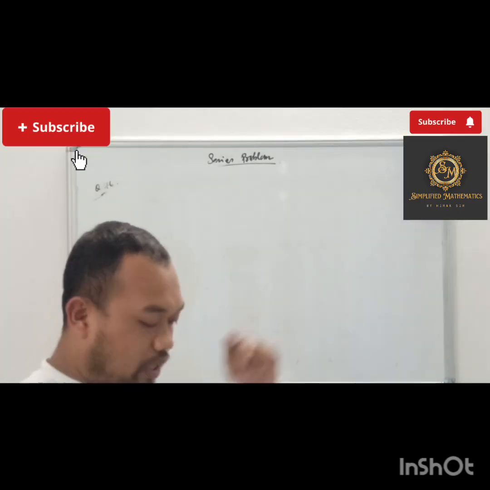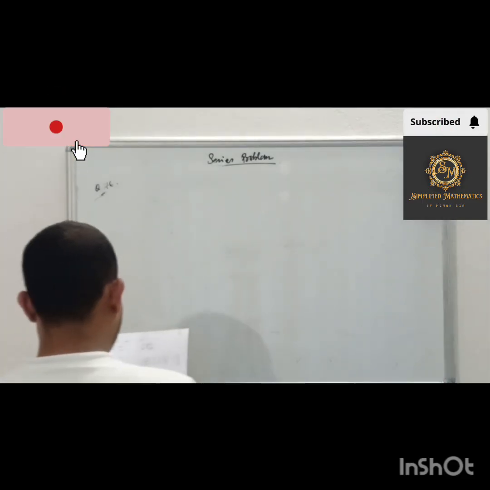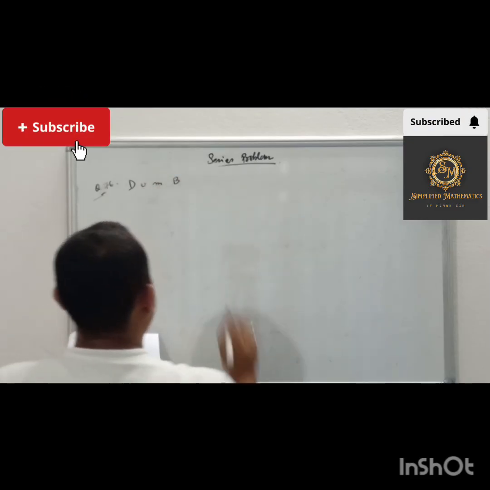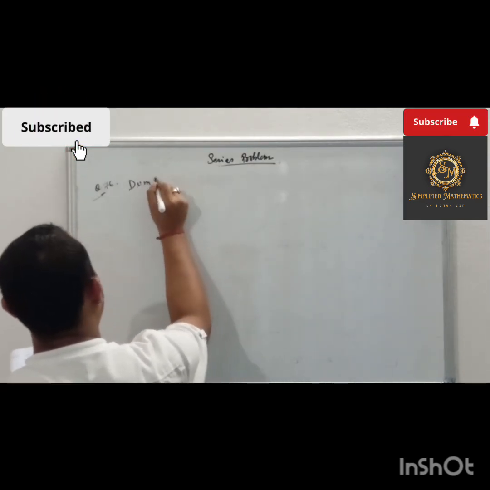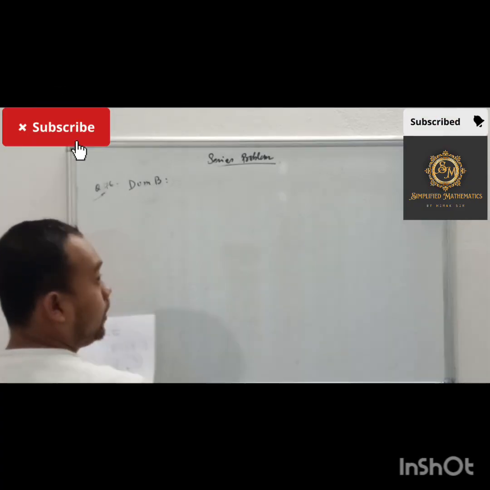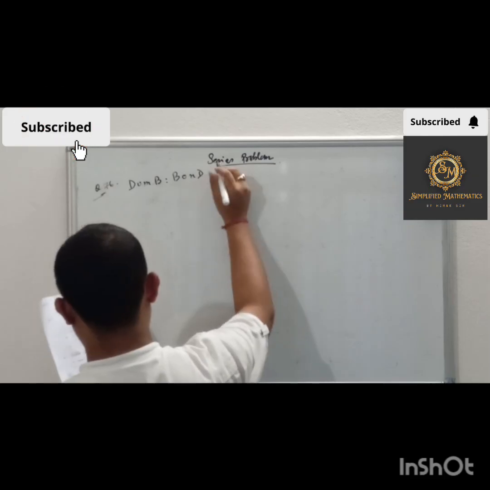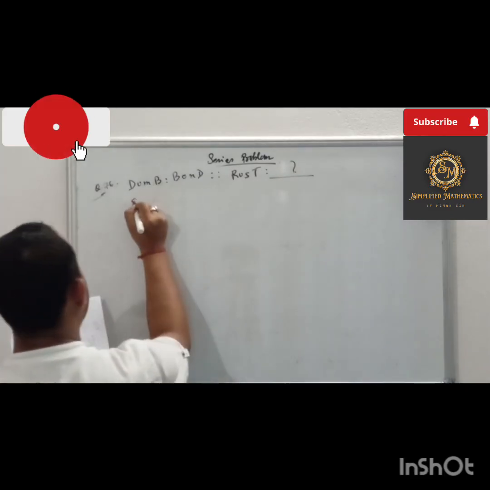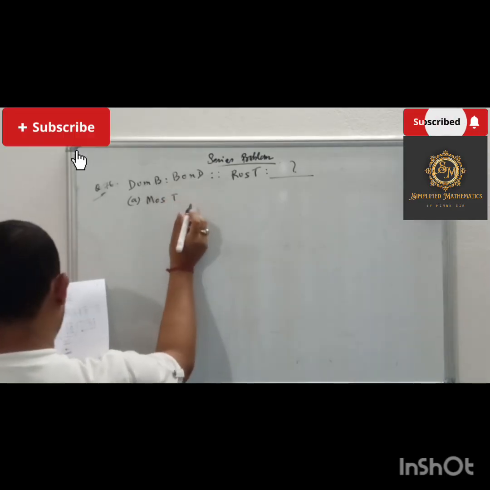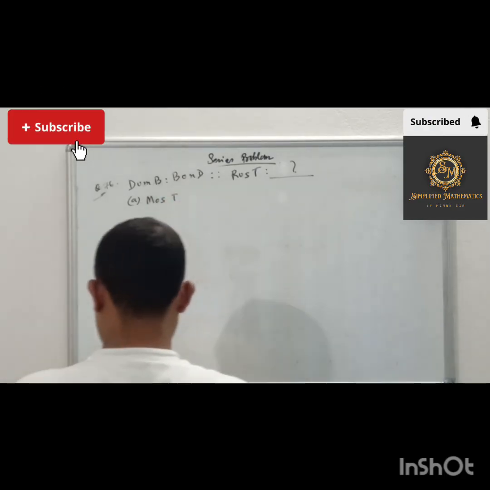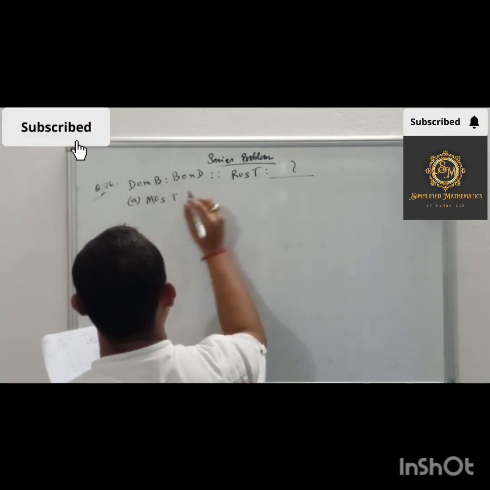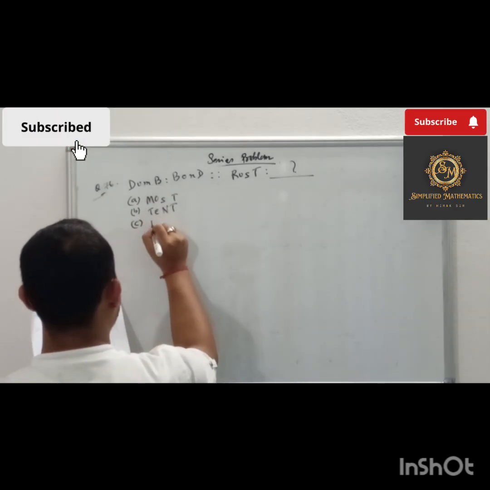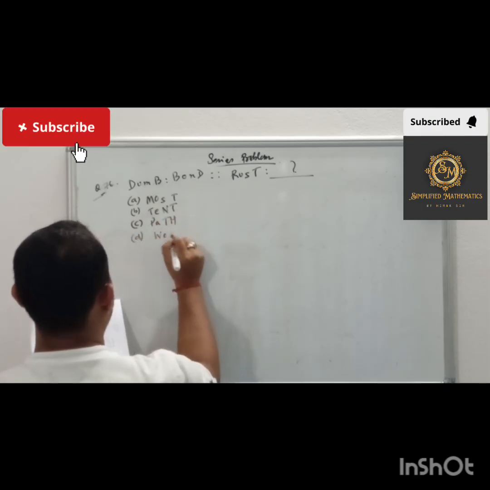So again we have a problem, and that problem is also a reasoning question, based on letters D, E, and D. So this word DUMB is written as something.